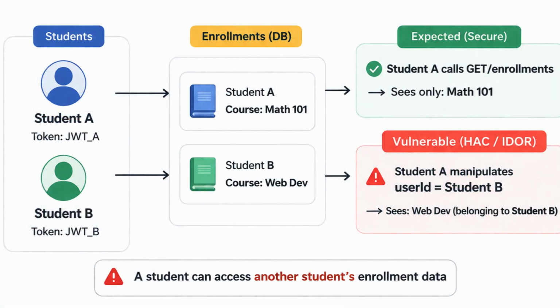However, in our current code implementation, this restriction is not properly enforced. Because of this mistake, a student may be able to access enrollment data belonging to other users. This type of issue exists in real-world applications. Now let's examine the coding mistake that caused this vulnerability and learn how as a developer we can fix it properly. Now let's see this in action.